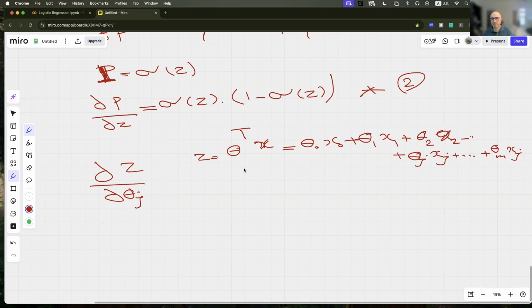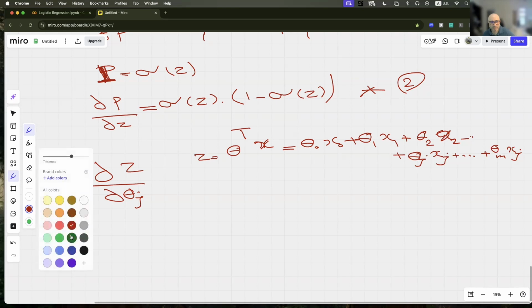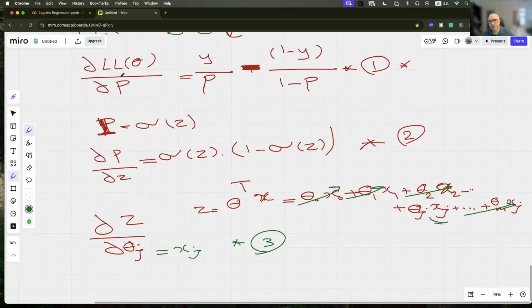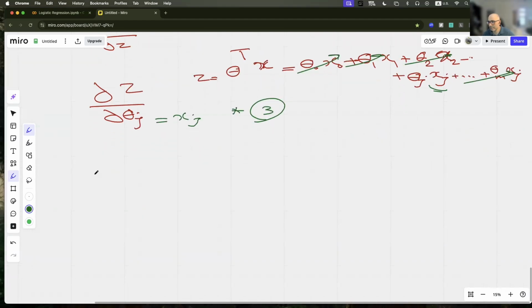If I take the derivative with respect to theta j, all of the other terms would be 0, since none of them depends on theta j, and we only have this one. This gives me xj, which is my third term. And we keep multiplying all of them together.